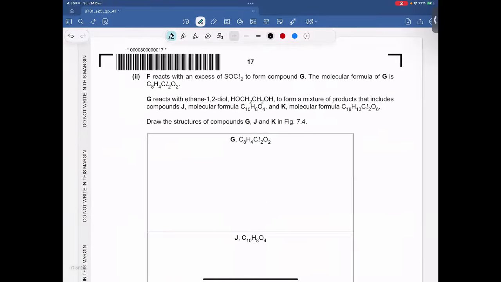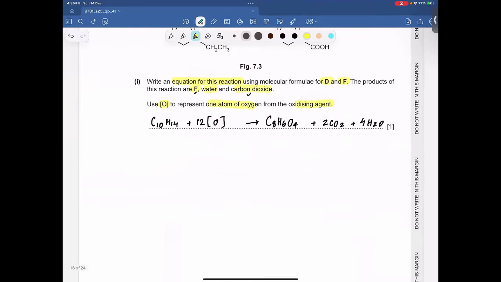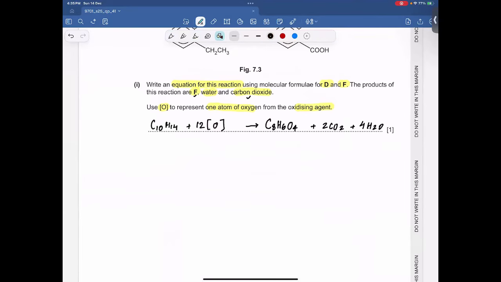F reacts with an excess of thionyl chloride. My goodness. F reacts with thionyl chloride to form compound G. The molecular formula of G is given. Okay. First of all, let me give you a hint here.